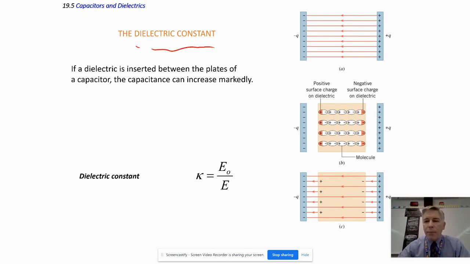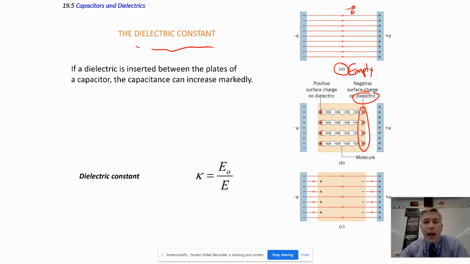So if I have something in A here, I have an empty one. This is empty, there's nothing in between, and basically you have a positive plate creating an electric field, so this is our electric field. When you put some kind of dielectric in here, since this is an insulator, what's going to happen is one side of it is going to gain negative.